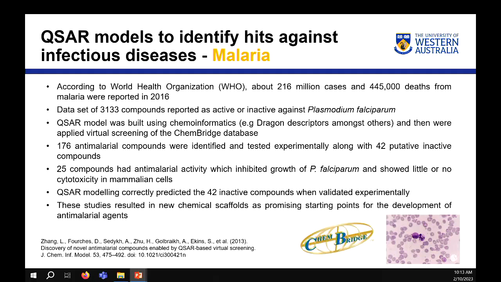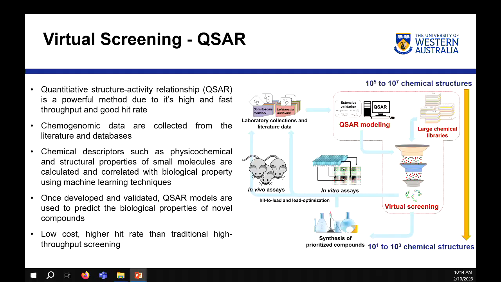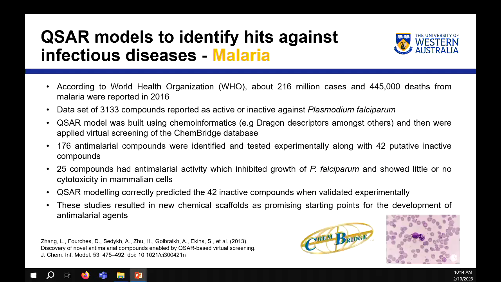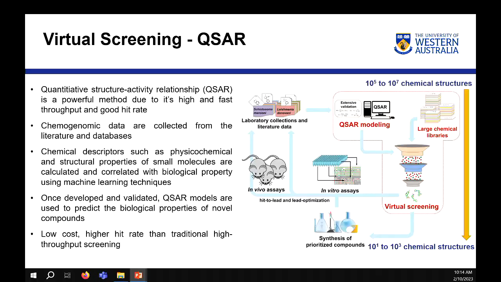So they based their model on these 3,133 compounds because they were tried against Plasmodium falciparum. But then they used all the chemical structures that were in the ChemBridge database. So like I showed you here, they modeled the 3,133 compounds in the modeling, and then they applied the ChemBridge database to the model, and they did the virtual screen.